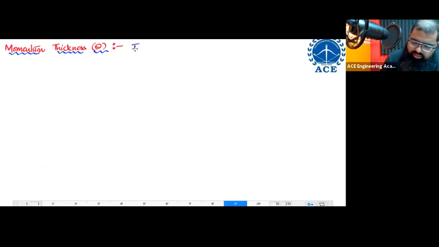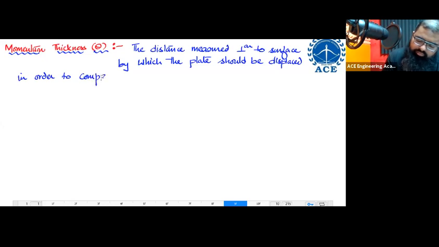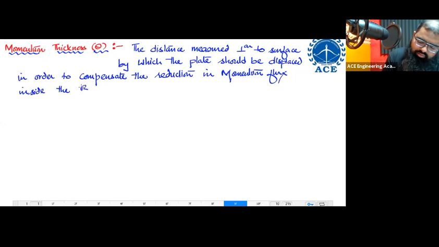So straight away I can write the distance measured perpendicular to the surface by which the plate should be displaced in order to compensate the reduction in momentum flux inside the boundary layer.